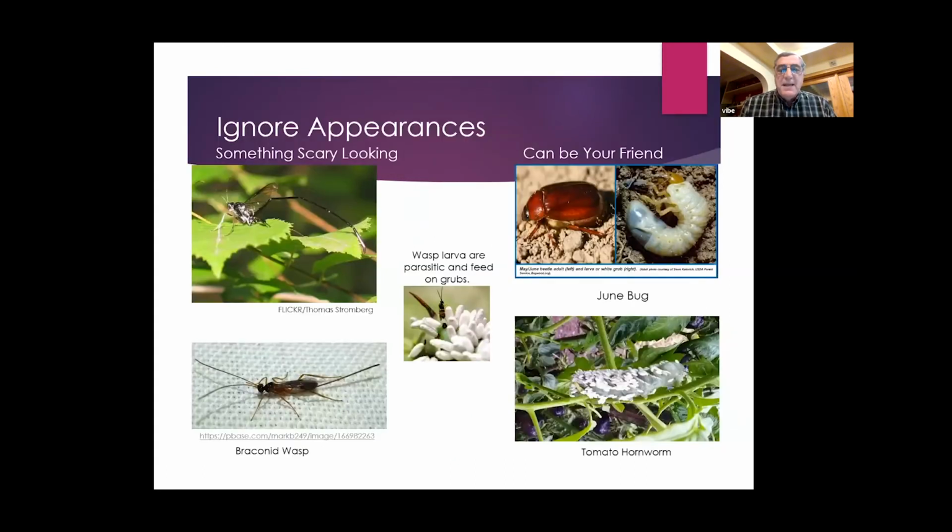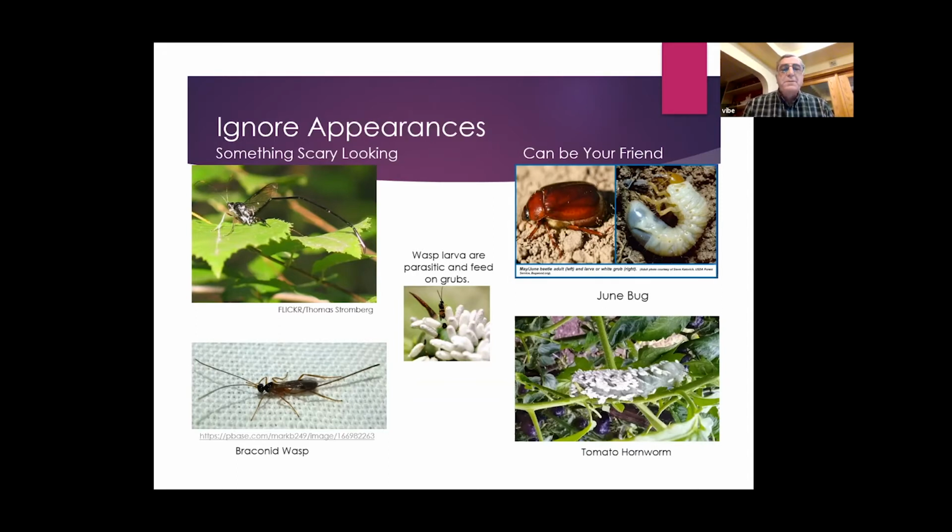Here's another example of what you may think is a bad guy, but they're actually our friends. On the left, you have two wasps. The top wasp has that big, long stinger on the back, except it's not a stinger. That's the delivery chute for eggs.